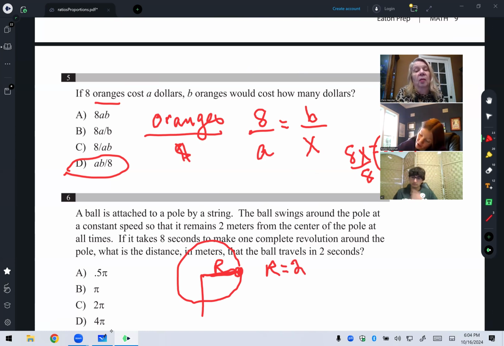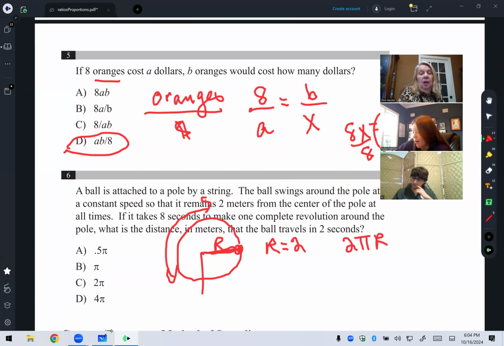And we did circumference before, because that's what this would be, a circumference. So we need 2 pi r. So the distance, we put in the radius, 1 revolution would be 4 pi.